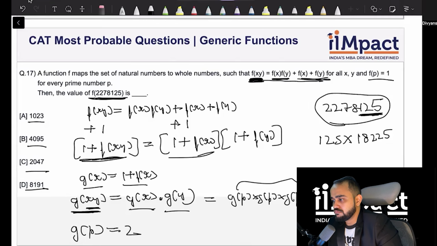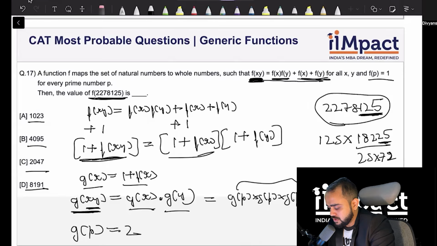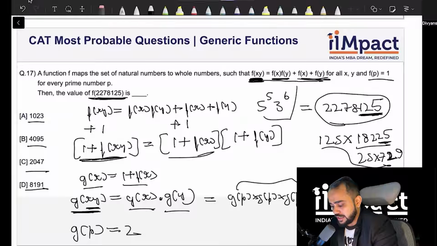Now, same logic, 25 divides 100, and the last two digits are 25, which means this entire thing will be divisible by 25, and you can factorize this as 25 into 729. So your factorization turns out to be 5 to the power 5 and 3 to the power 6. So it takes 11 prime factors to make this number.